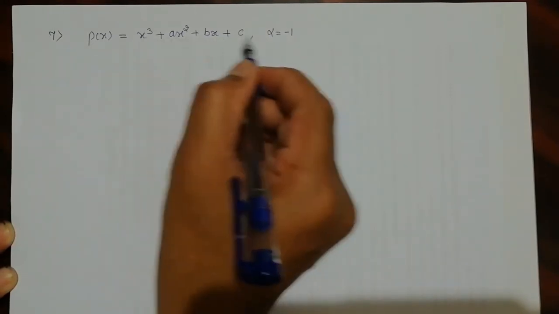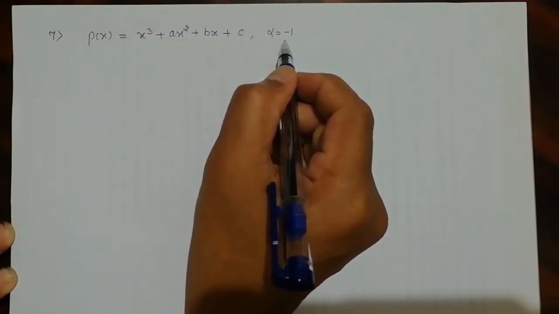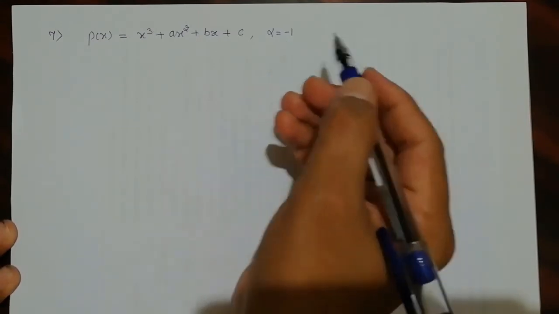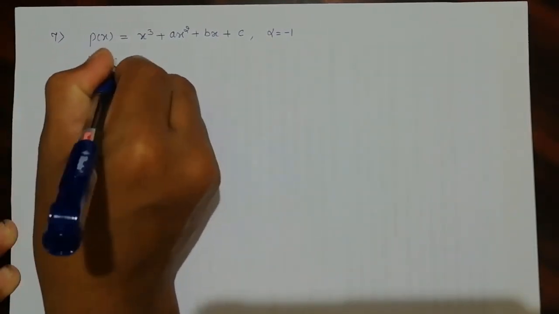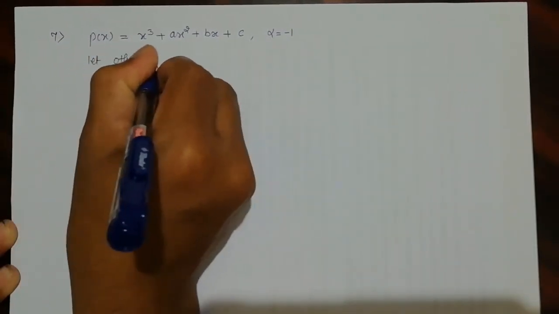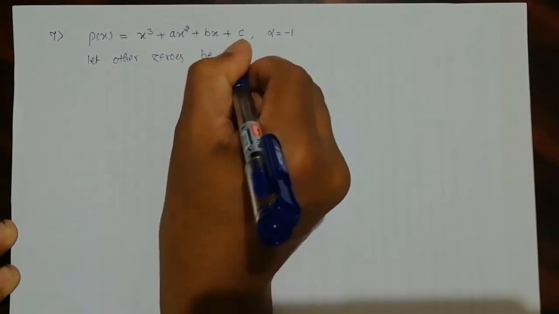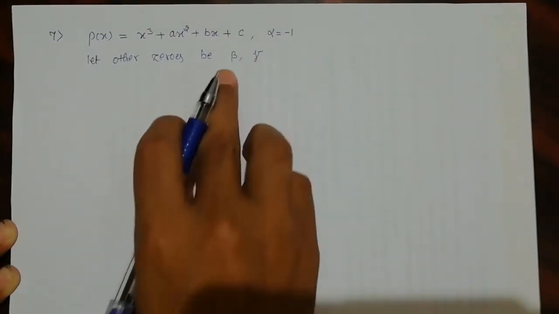I have already written the given polynomial, and one zero is -1, and let it be alpha. Alpha is equal to -1. To find the product of the other two zeros, let the other zeros be beta and gamma. We need to find beta into gamma.